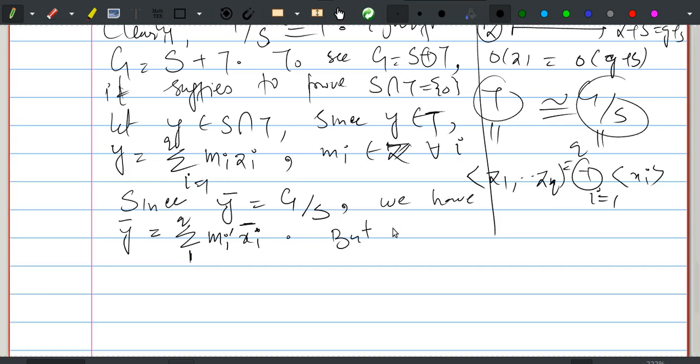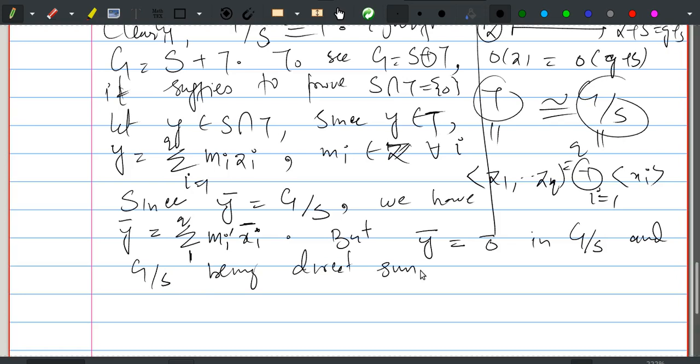But this Y bar is actually 0 bar in G mod S, and G mod S being the direct sum of these subgroups X1 bar plus and so on plus Xn bar, we conclude that this expression is unique.